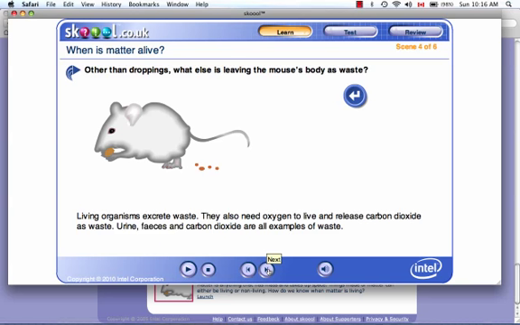And so let's go back to the PowerPoint then. So here's a level of organization we've discussed before.